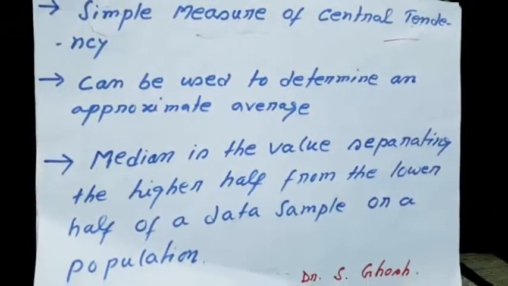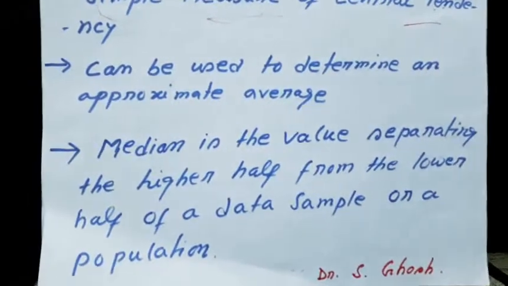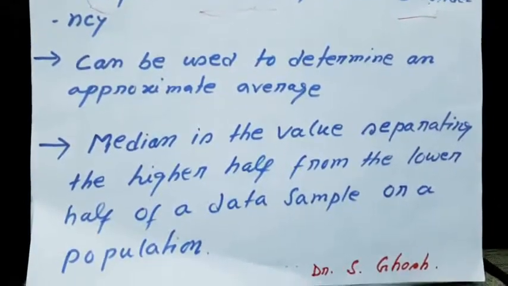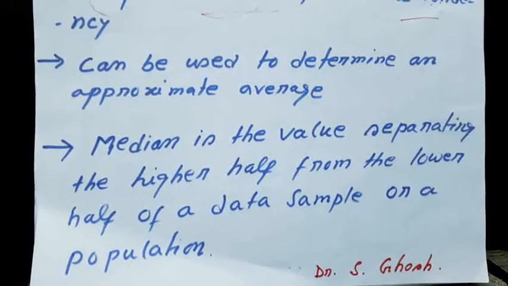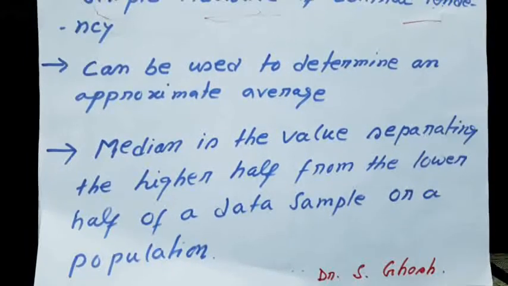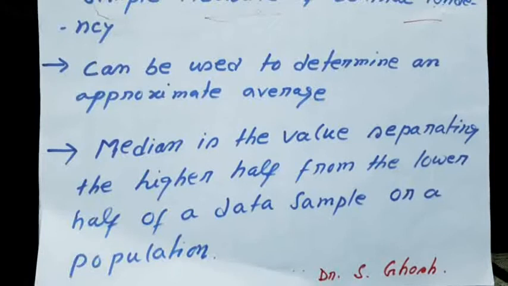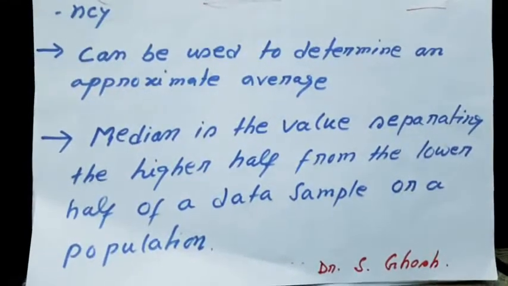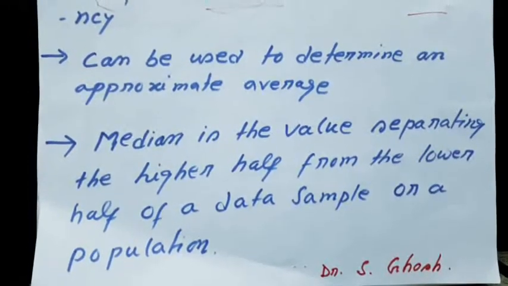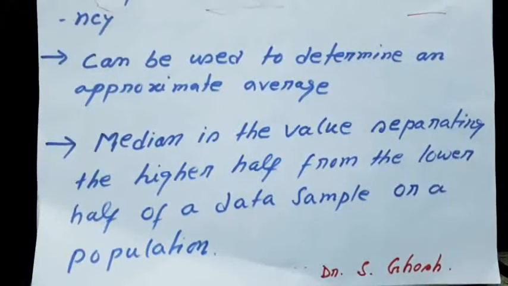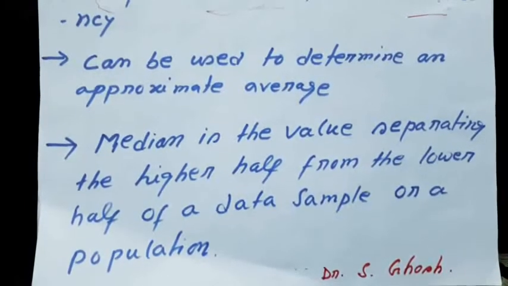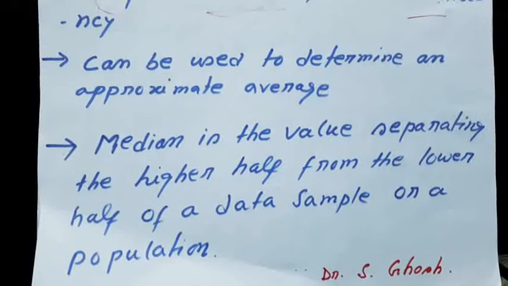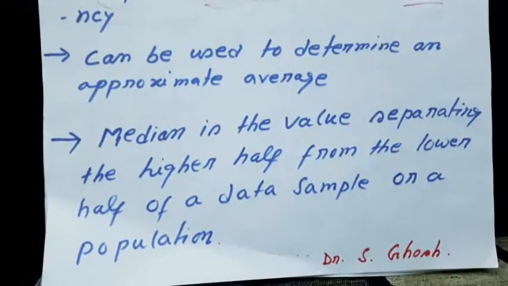And it can be used to determine an approximate average value of the observation. Moreover, this median value separates the total number of observations or data sample between higher half and lower half of the observation.